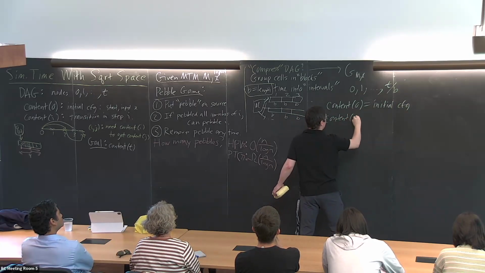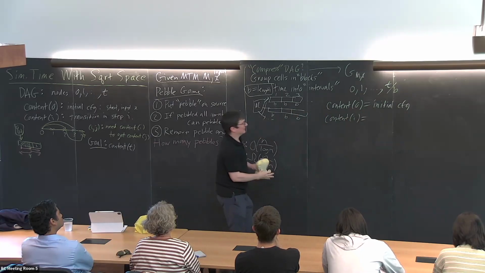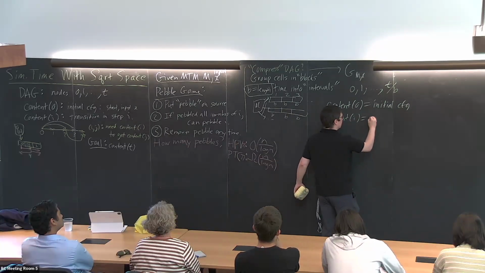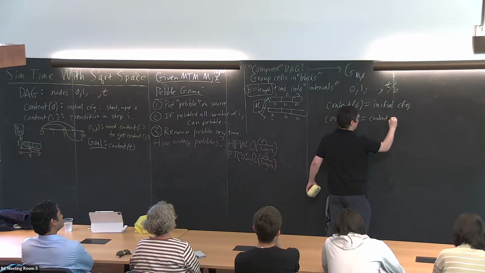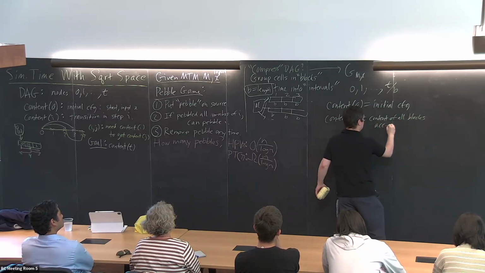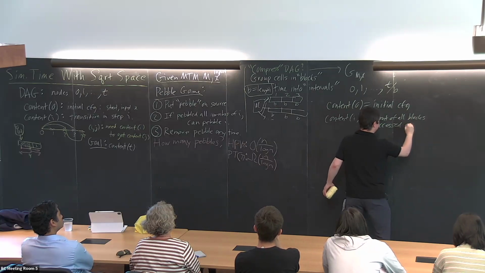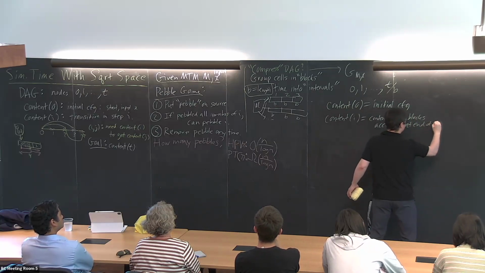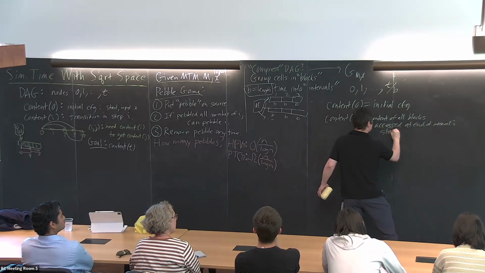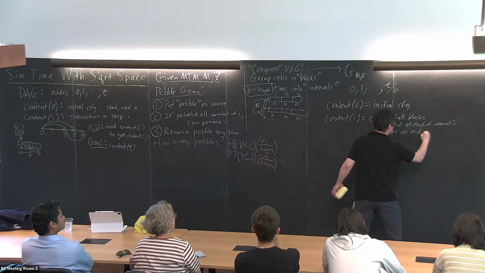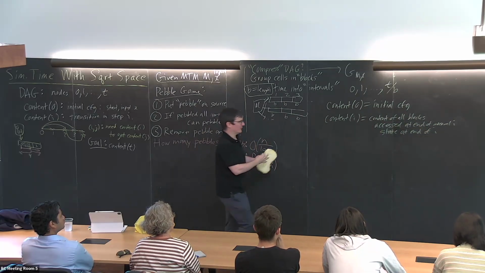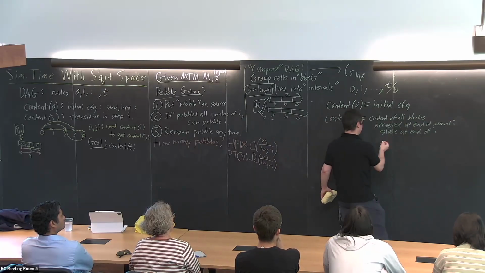Content of I will be all the information computed in interval I. So it's the content of all tape blocks accessed, say, at the end of interval I. State at end of interval I. And also which direction the heads are moving.